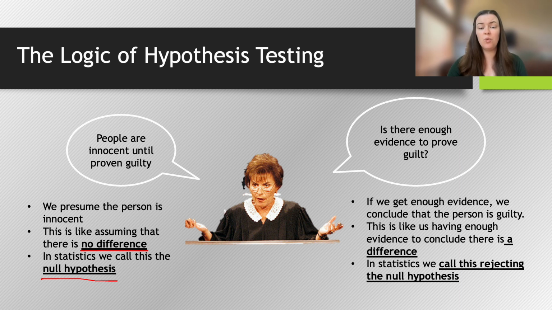So we could find that there is a difference, right? That person actually did commit an offense that reaches that burden and they are found guilty. We call this rejecting the null hypothesis and accepting the research hypothesis, which is also referred to as our alternative hypothesis. You'll see those two terms used interchangeably throughout both this video and the next one, so just keep that in mind.